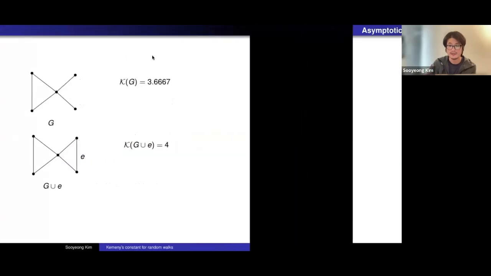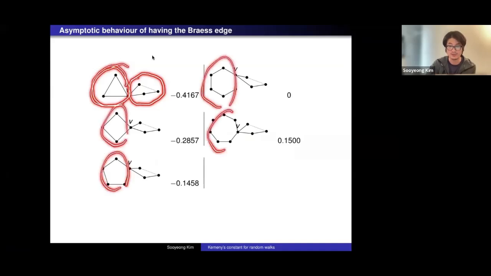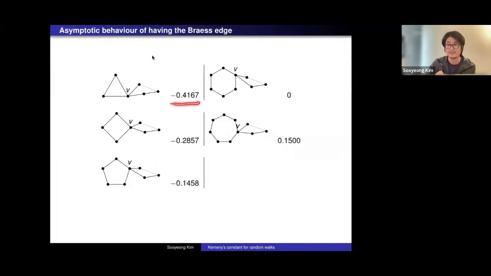Let me show you another example. We have this graph here. I'm going to fix this part, and then increase the length of the cycle, like 4, 5, 6, and so on. The number here means the difference of Kemeny's constant after adding the edge and before adding the edge.